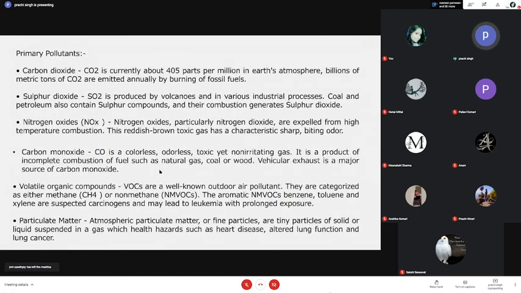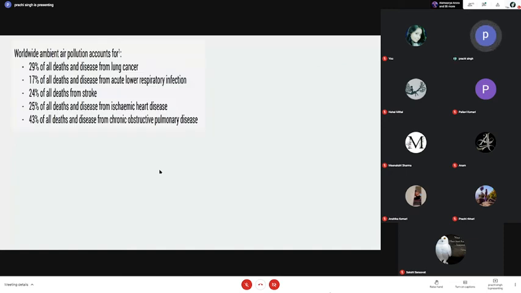Okay, and particulate matter we have already dealt with. Actually, most of the symptoms that we see in the form of asthma and breathing problems are because of your particulate matter. What are they? We will now focus and concentrate on this particulate matter. Okay, so let's understand the data. Because of this particulate matter, 29% of all the deaths and diseases happen due to lung cancer.